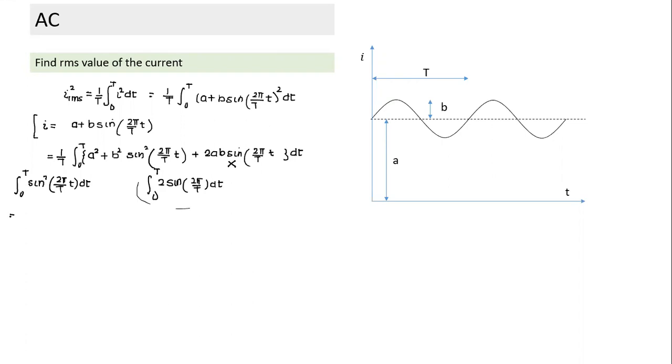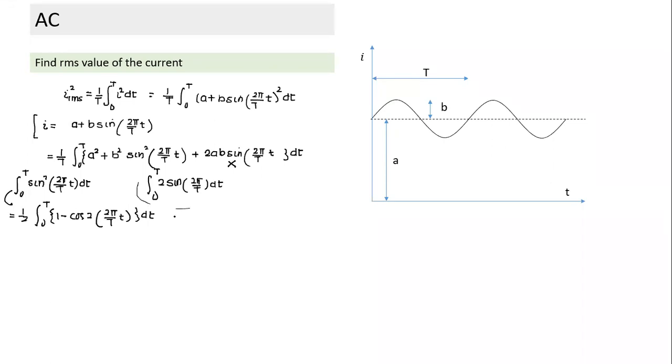This term here can be written as 1 by 2 integration of 0 to t, 2 sin square t, that is 1 minus cos of twice of 2 pi by t, whole thing dt. I'm talking about this term.